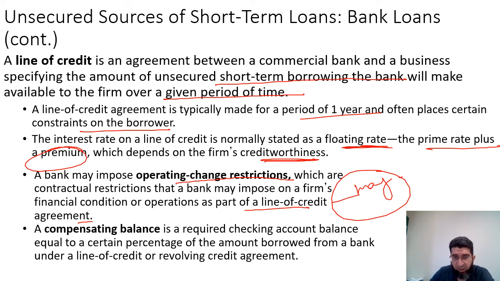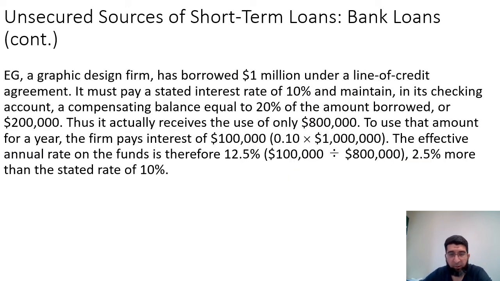A compensating balance is required: a checking account balance equal to a certain percentage of the amount borrowed from a bank under a line of credit or revolving credit agreement, so that a complete default can be avoided by the bank. For example, a graphic design firm has borrowed $1 million under a line of credit agreement.